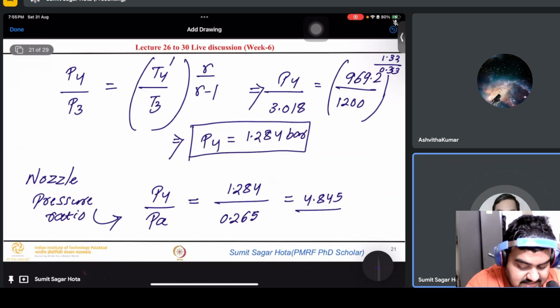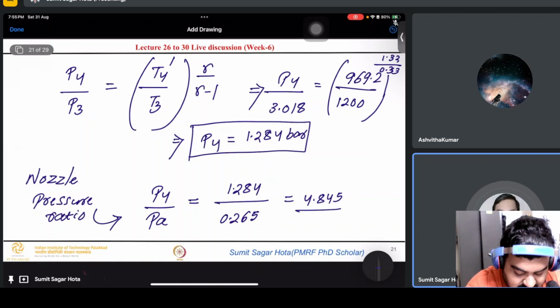So what does it mean by choking? If the nozzle chokes, it means something is going to rise and something is going to fall.